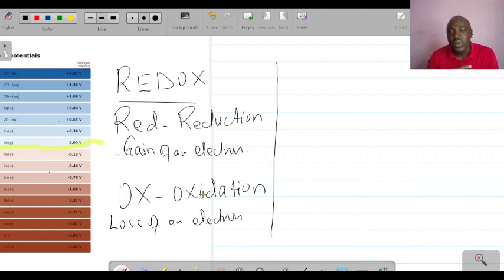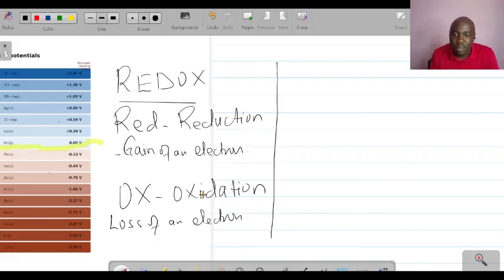So it's like we are going to interchange these two terms. On one hand, we have reduction and oxidation, which we have defined. Now we have introduced reducing agents and oxidizing agents.